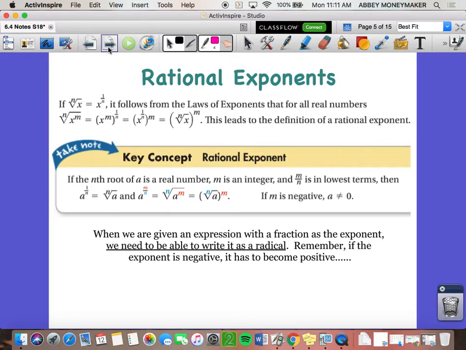So, knowing that relationship, that if you have the nth root of x, that's just x to the 1 over n, a really important rule follows from that, such as the nth root of x to the m. Okay, so let's say you have a power underneath that radical.